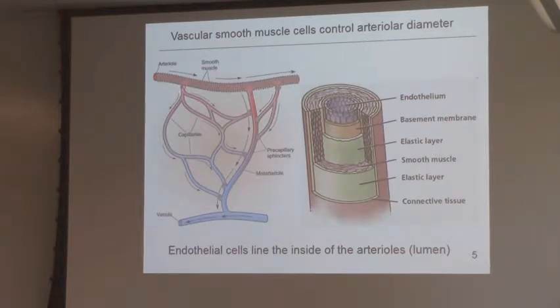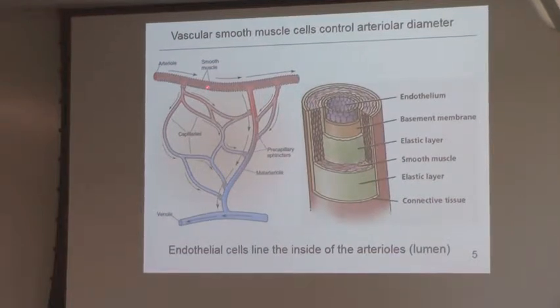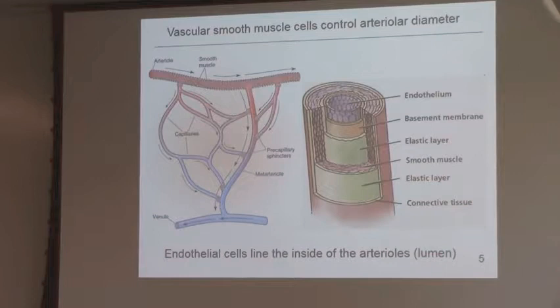You can imagine, if this constricts, then the blood going into this bit of capillary will be restricted. So there's control of the arterioles, and there's control of where the blood goes. There's control of their arteriolar diameter, and there's control of which capillary gets more blood. That's the control of where the blood goes.